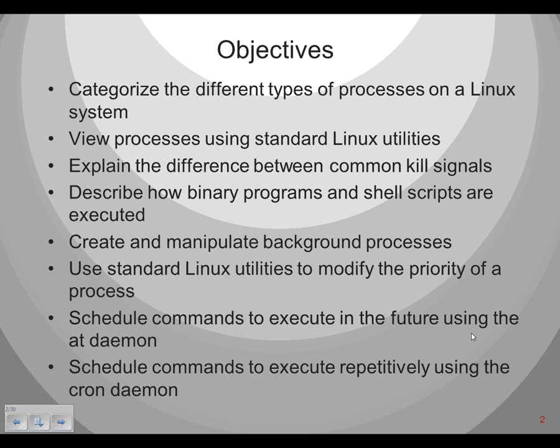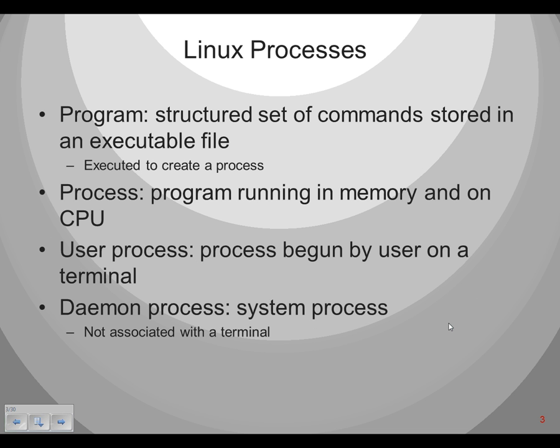These are the objectives for this chapter. When we look at the words program and process, sometimes they're used interchangeably. To some greater or lesser degree, it's okay to do that. But a program is an executable file on a hard drive that runs when you execute it.